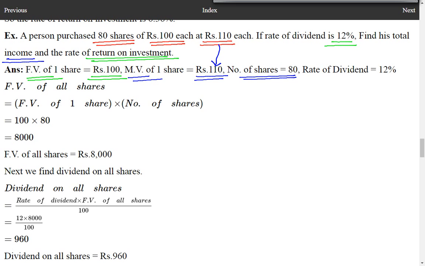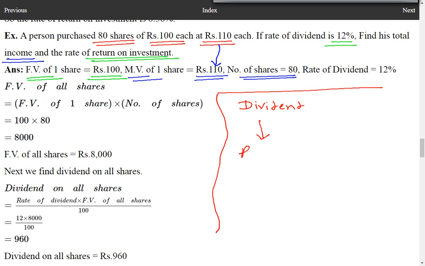So, the basic outline for finding rate of return is this. We have seen this in the previous lecture also. First we will have to find dividend, then we will have to find return. Return is nothing but net income, and then we have to find rate of return.